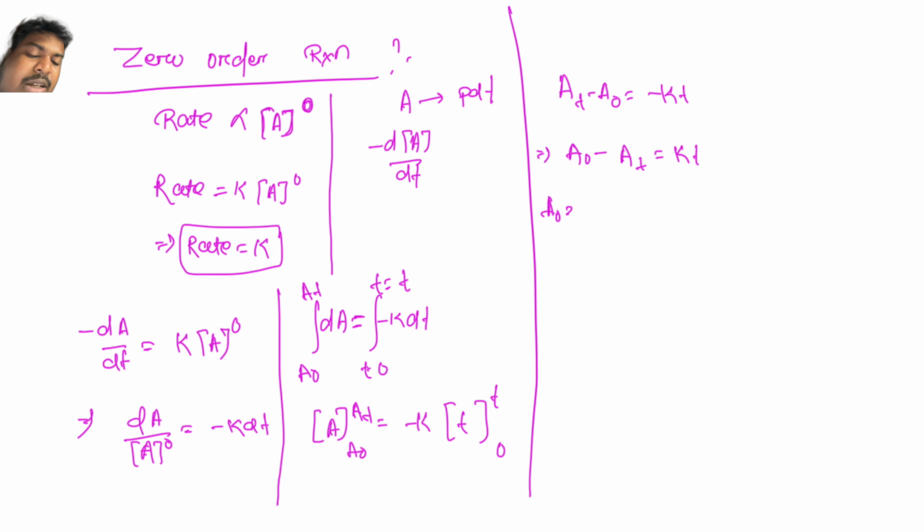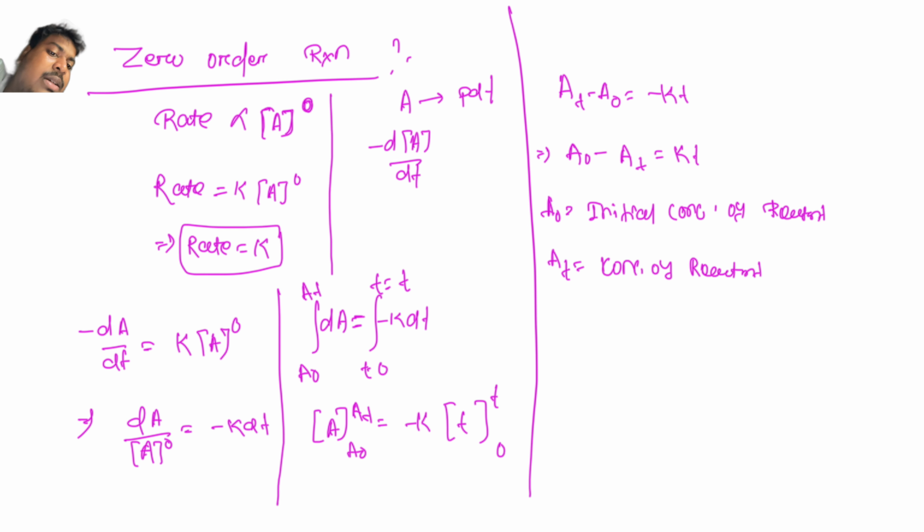Here A naught corresponds to the initial concentration of the reactant, and At means the concentration of the reactant at time t.